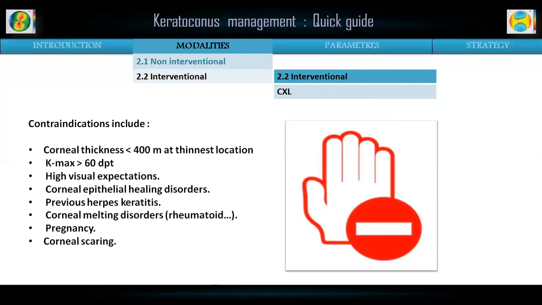And second contraindication, if we have a Kmax more than 60 diopters, if we have high visual expectation from the patient, and if we have poor corneal epithelial healing or previous herpes keratitis. And cross-linking also is contraindicated during pregnancy or when we have corneal scarring.